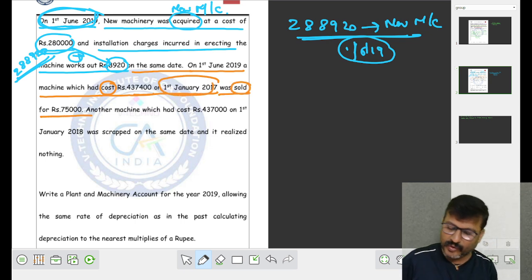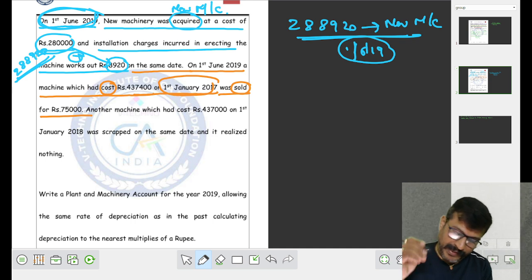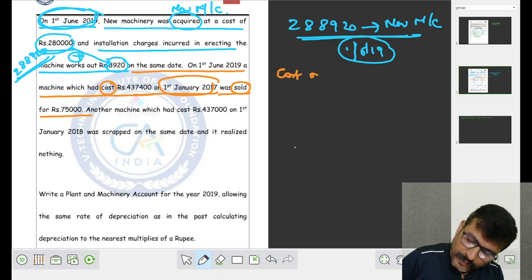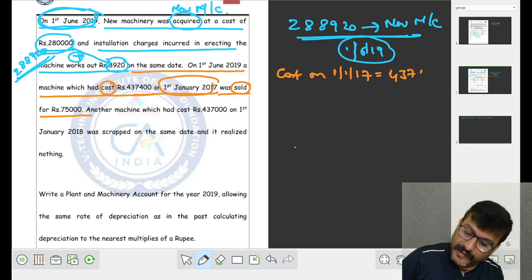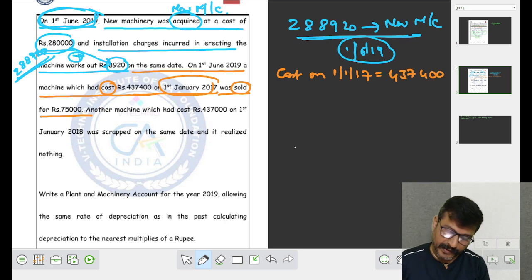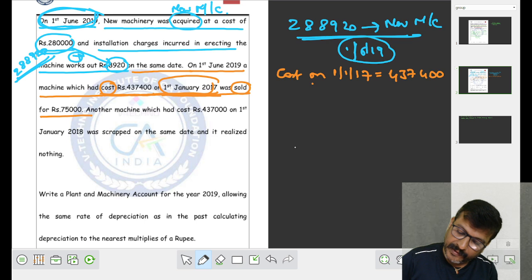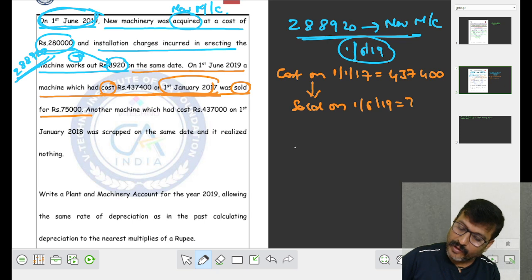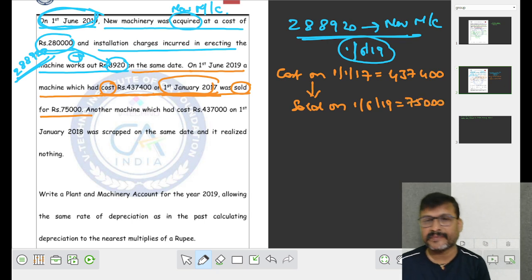What did you do? Sold. Which machine? The one with cost on 1st January 17, 4,37,400. Sold on the same date, 1st June 19, for an amount of rupees 75,000.